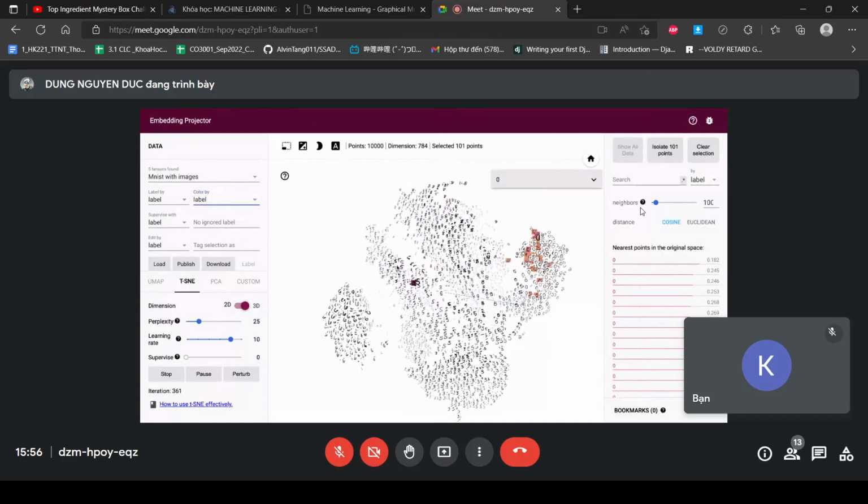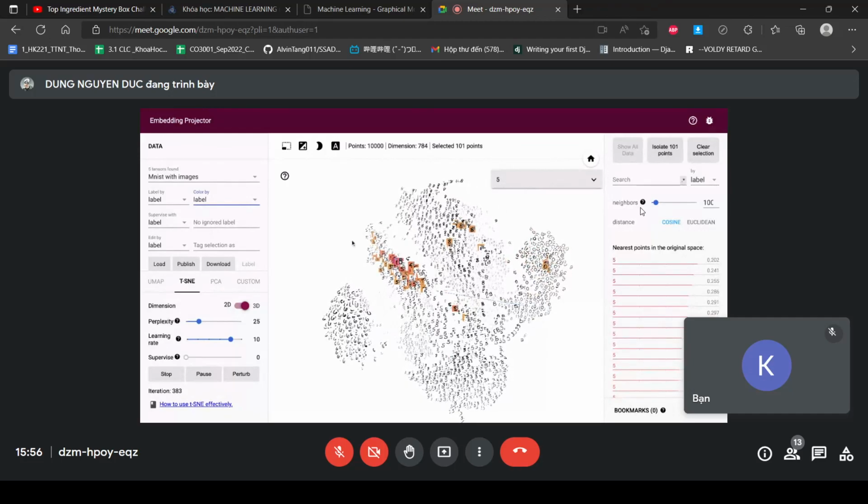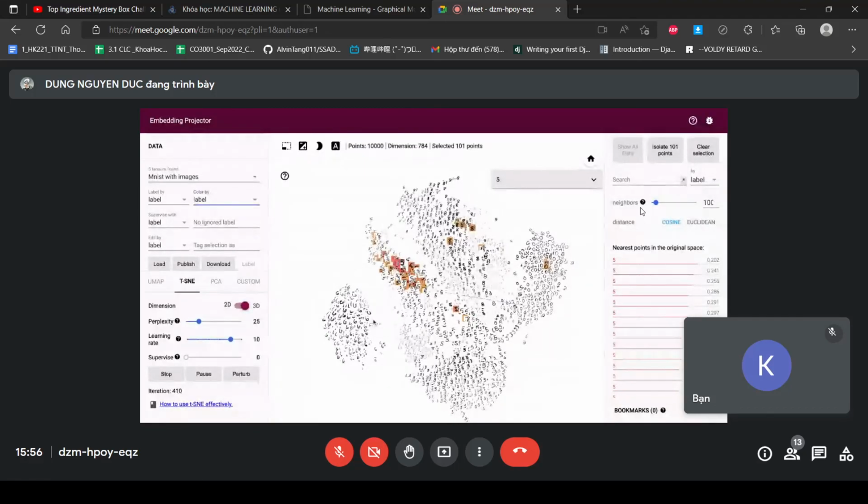Looks like it stopped. Okay, it runs very slow on my computer because it's using the GPU of my computer, and I'm running multiple tasks here, so it's quite slow. But yeah, that's enough, I suppose.